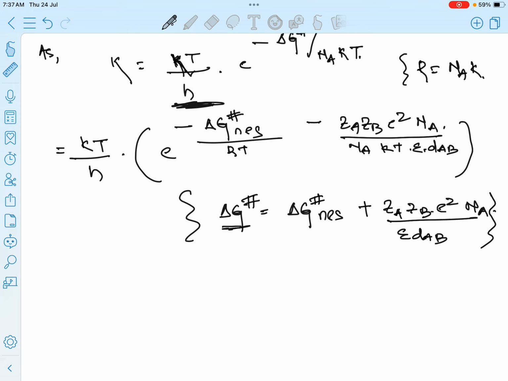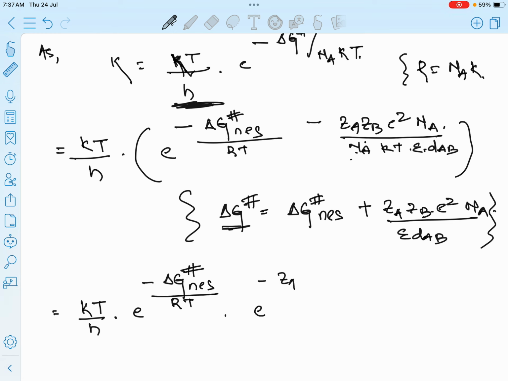So now separating out kT by h, e to the power delta G activation non-electrostatics by R into T, to the power N can be cancelled out.